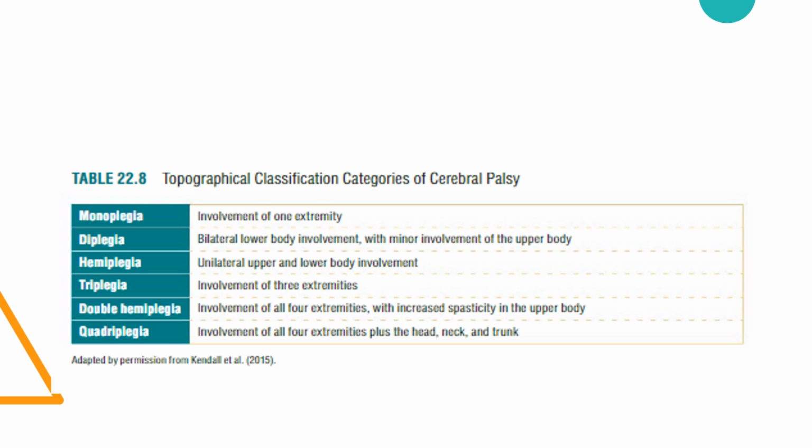The classification is typically determined through a comprehensive assessment by the healthcare professional that includes medical history, clinical examinations, imaging studies, and developmental evaluations. This helps in understanding the unique characteristics and needs of individuals with cerebral palsy and guides the development of appropriate interventions and support.